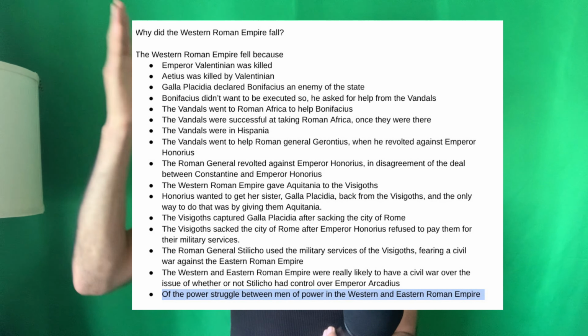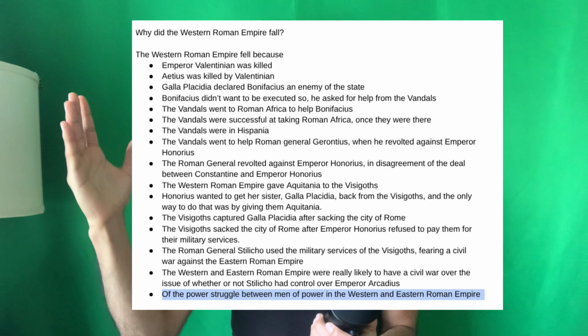And last but not least, one of the biggest reasons why the Western Roman Empire fell is because of the power struggle between people in the Eastern Roman Empire and the Western Roman Empire. These were problems that came from the top, so pretty much Stilicho wanted to have more control over the Eastern Roman Empire, but people from the Eastern Roman Empire didn't want to give control to Stilicho. Stilicho wanted to keep control over the army, but the Eastern Roman Empire didn't want to give control of the army.